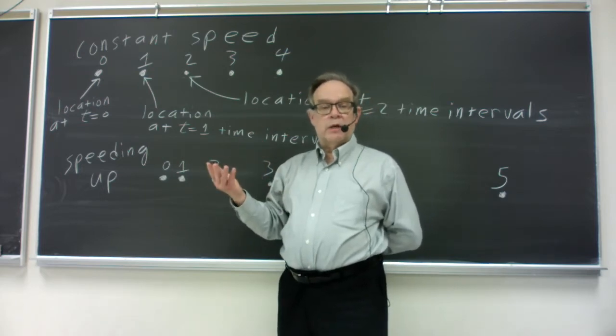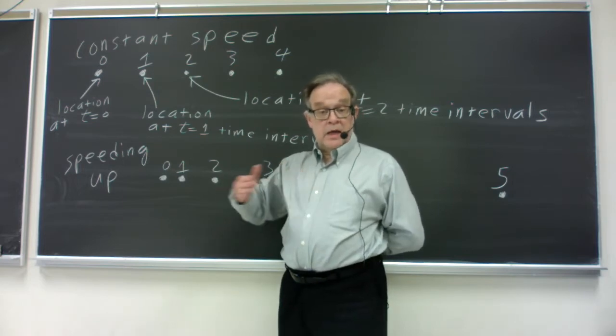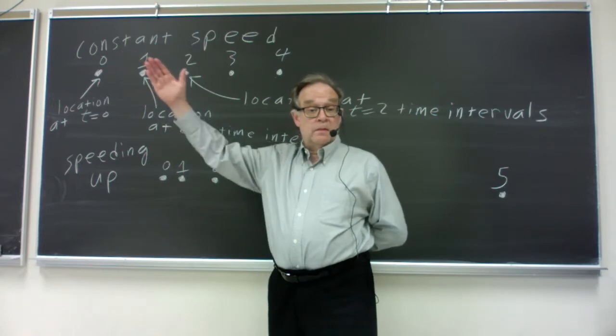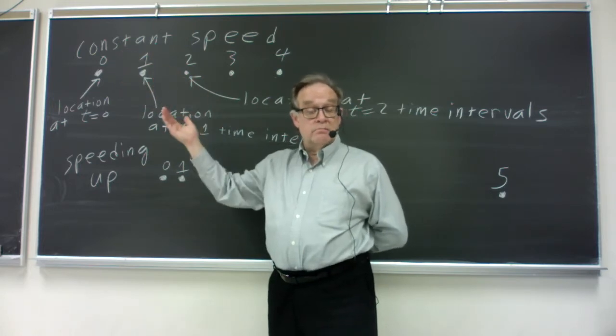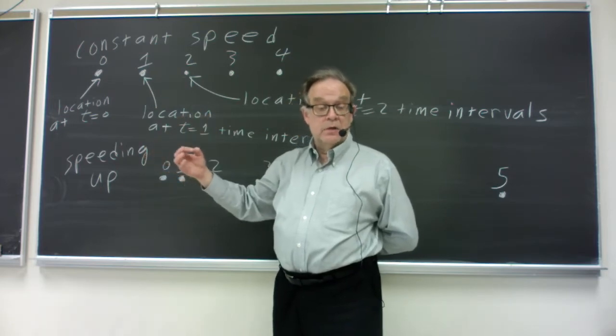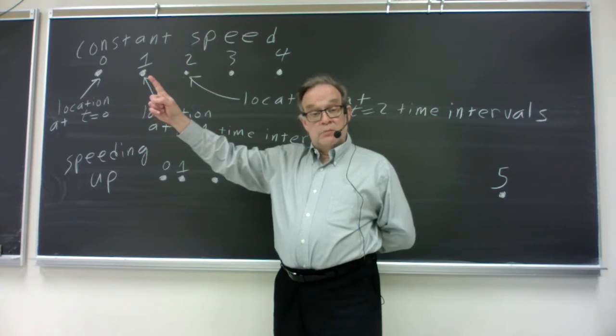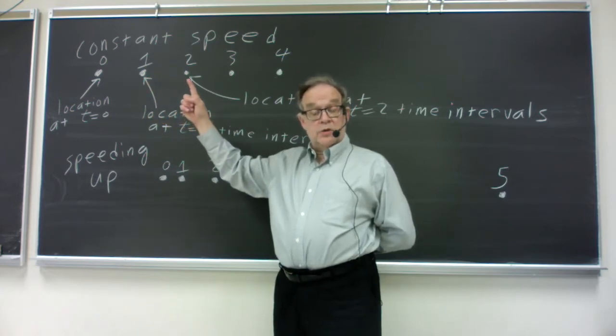Then you repeat the process. You always wait the same length of time. Every time interval from one location measurement to the next is always the same length of time. So you note where the object is at this time, then you wait the same length of time, and you note that the object is there.